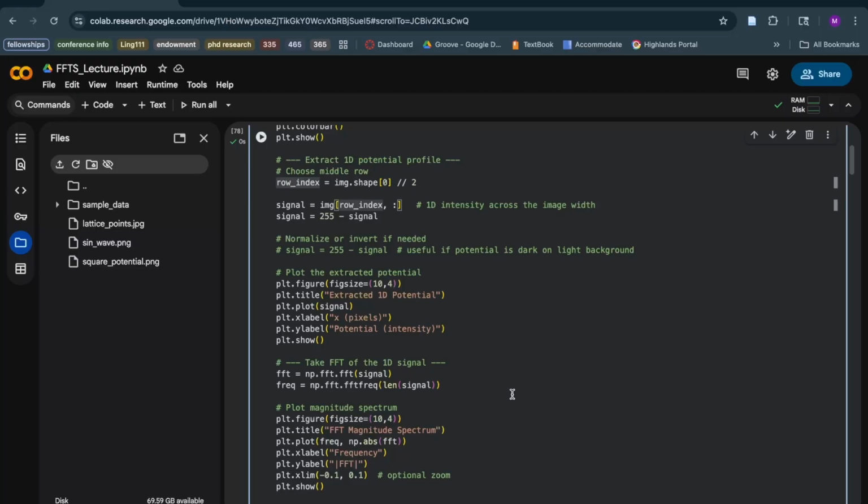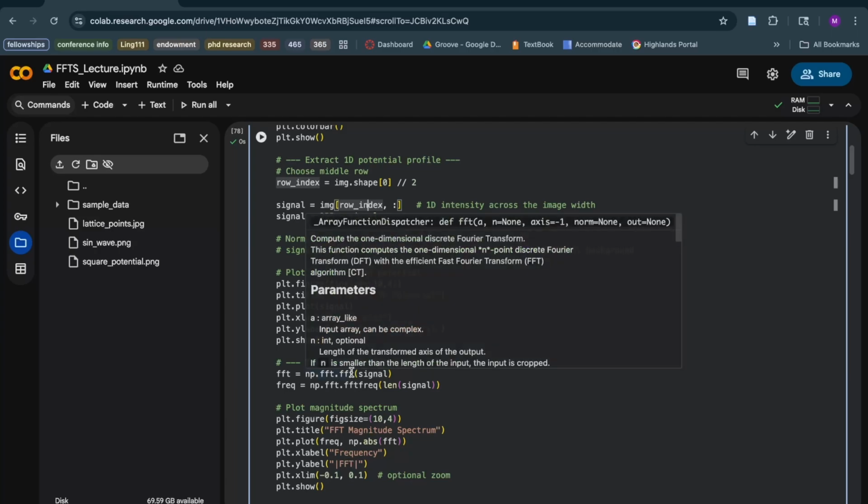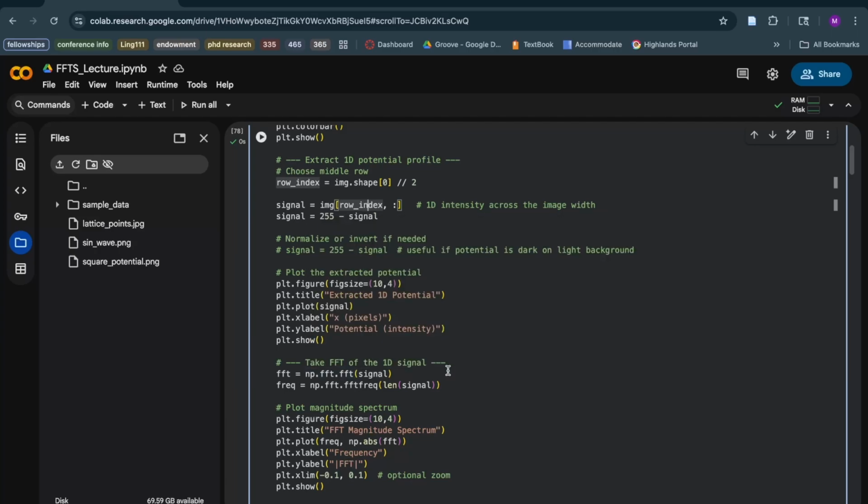For Fast Fourier transforms, it's much, much nicer to use the tools that are already built for us. So NumPy has a tool. We have NumPy and then .fft and then fft for the 1D transformation of this signal. And then so we can have the plot of the frequency, we do np.fft.fftfreq of the length of the signal.